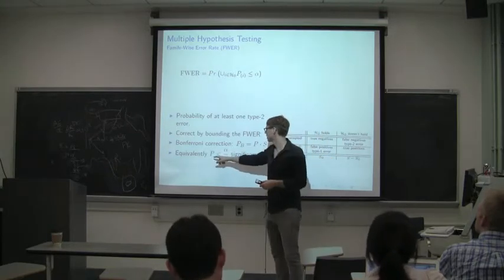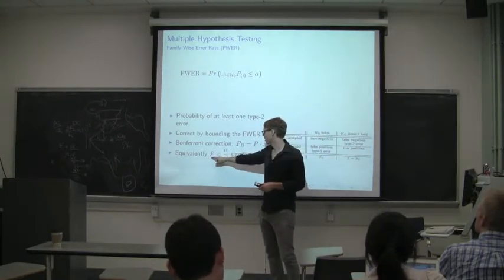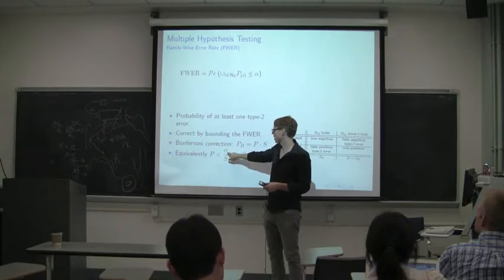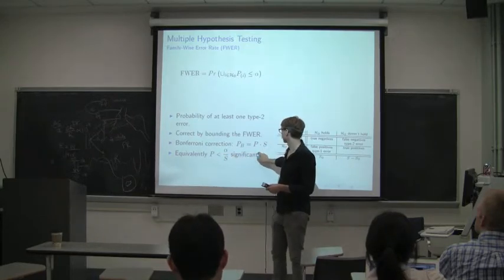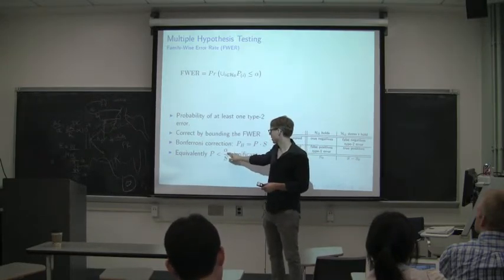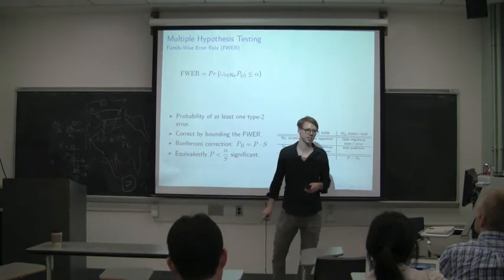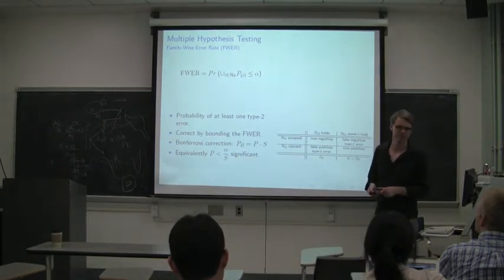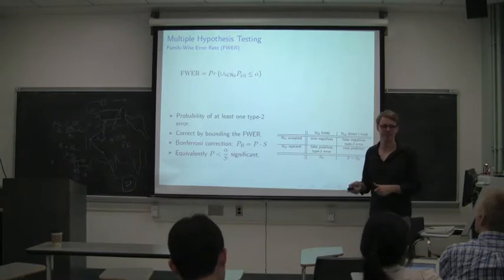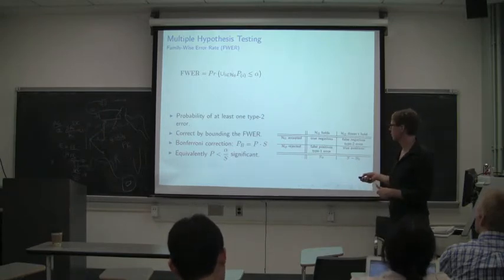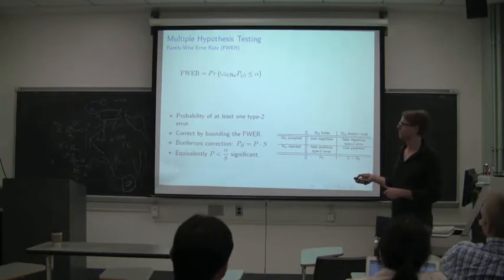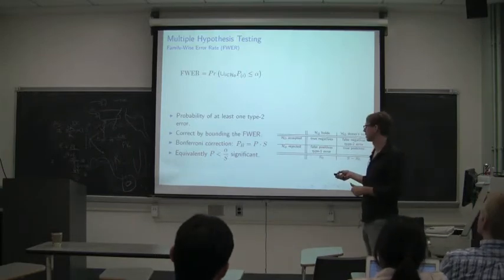Equivalent to that is, instead of calling the p-value significant if it's smaller than alpha, we call it significant if it's smaller than alpha over the number of tests that we did, which is now a very small number. Right? If this is 1 million and this is 0.01, then it's 10 to the minus 8.